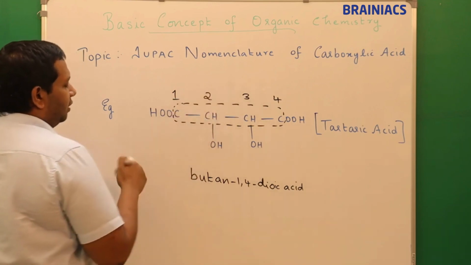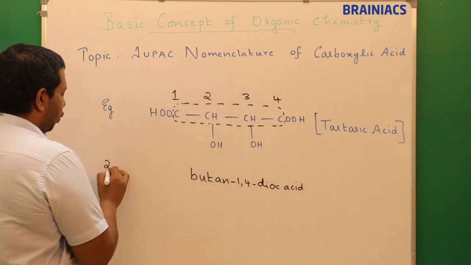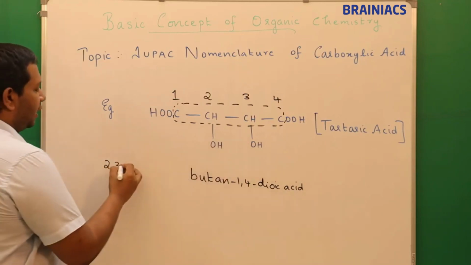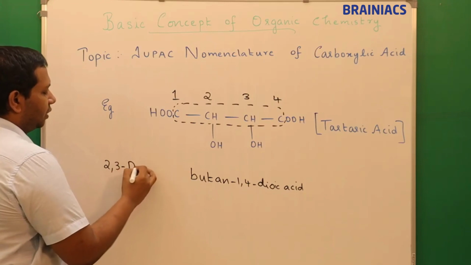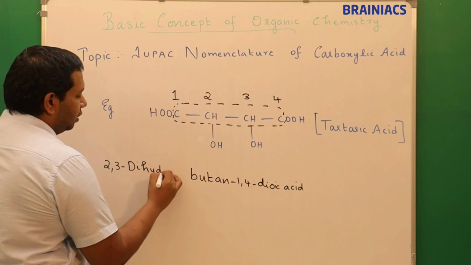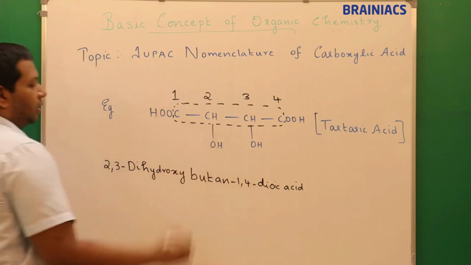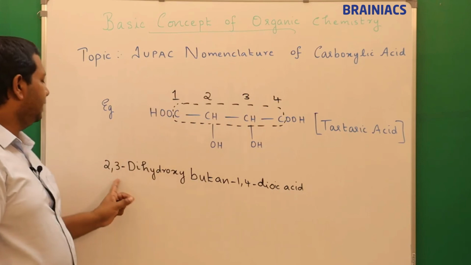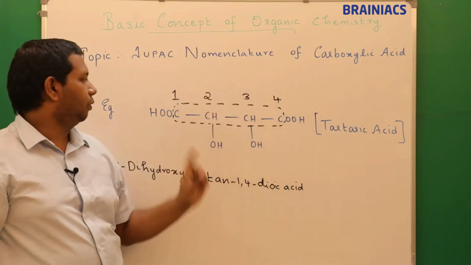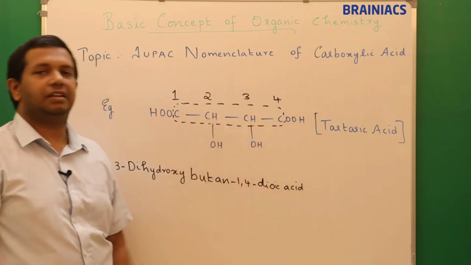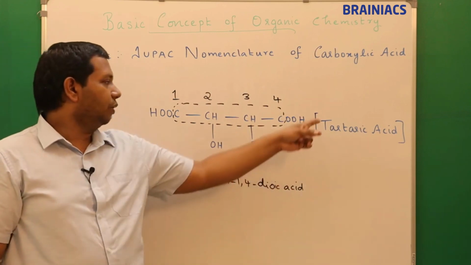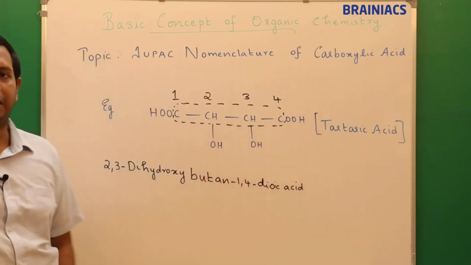At 2 and 3 it is there, so I can write 2,3, because both are the same. So 2,3 hyphen, then I use di because 2 are there: dihydroxy. So you can see here 2,3-dihydroxy butane 1,4 dioic acid. Understood? That is called tartaric acid.